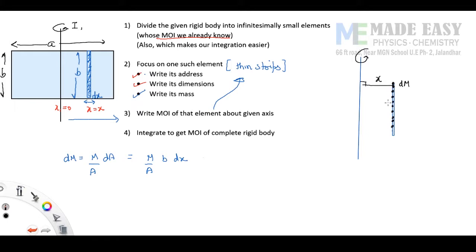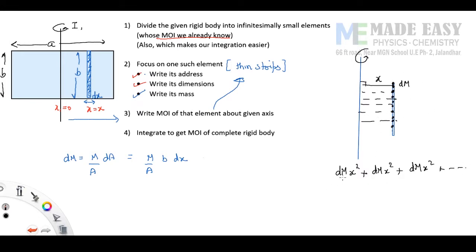So what will be the moment of inertia of this mass? That is going to be dm into x square. And the moment of inertia of this particle about this axis, again dm x square, plus this particle, again dm x square. So it is dm x square plus dm x square and so on till it covers all the particles.